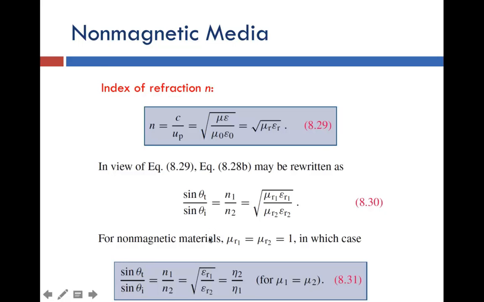For non-magnetic materials, where mu relative 1 and mu relative 2 are both 1, we have the sine of theta transmitted over the sine of theta incident is n1 over n2, which is also, by the way, eta 2 over eta 1, or the square root of epsilon relative 1 over epsilon relative 2. So these are important relationships, especially when you get into optics.